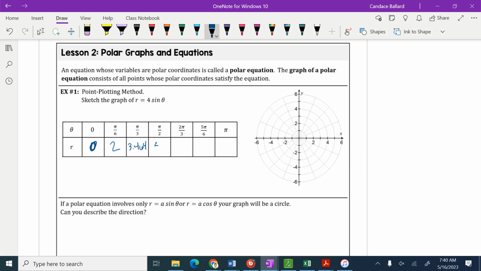Okay, so here's what I want you to do. I want you to fill out the rest of the table, okay? So you fill out the rest of it. Use Desmos, get those last 3 values, figure out what the decimal points are, okay?